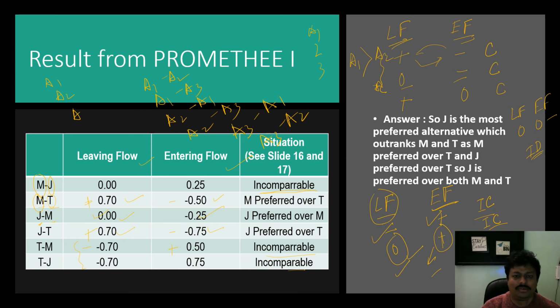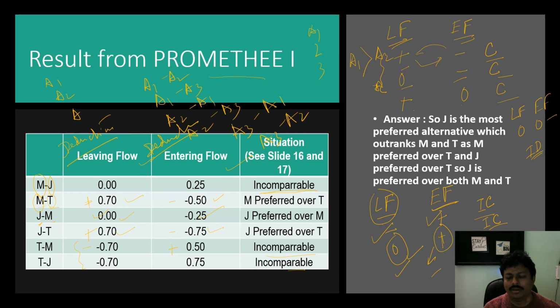And remember, in case of PROMETHEE, all these are deductions. Don't forget that. Deduction of leaving flow, deduction of entering flow. Okay. So when deduction of leaving flow is plus, deduction of entering flow is minus, comparable; 0 minus comparable; plus 0 comparable.